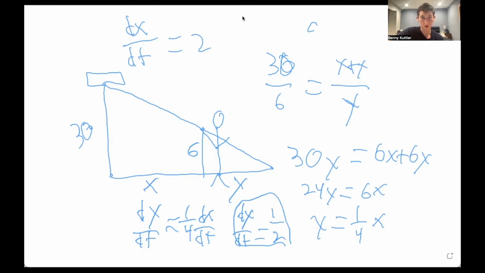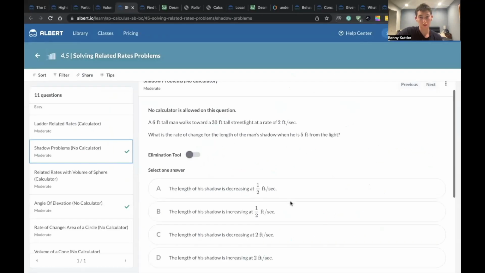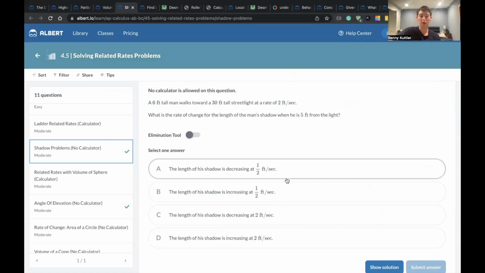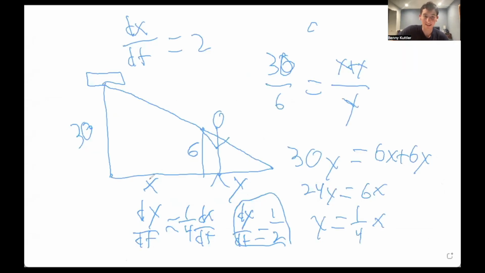Now, if we go back to our problem, we'll see that 1/2 is on here twice. We're looking at whether the length of the shadow is decreasing at a rate of 1/2 foot per second or increasing at that rate. If he's getting closer to the street lamp, the shadow is going to be getting more narrow, because when I did the problem, the rate of change of x was actually negative. If we look back to the whiteboard, x is decreasing.